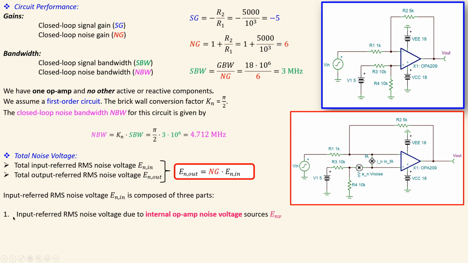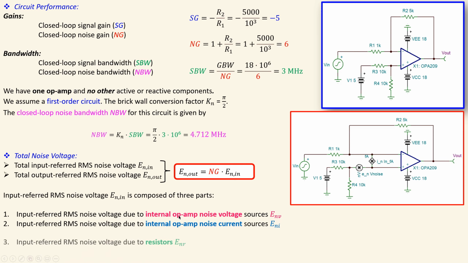So in summary, we can say the input referred RMS noise voltage will be due to the internal op-amp noise voltage sources combined in one source in this model, and that will be given by this symbol. We have also the input referred RMS noise voltage due to the internal op-amp noise current sources, which is given by just this symbol in our model.